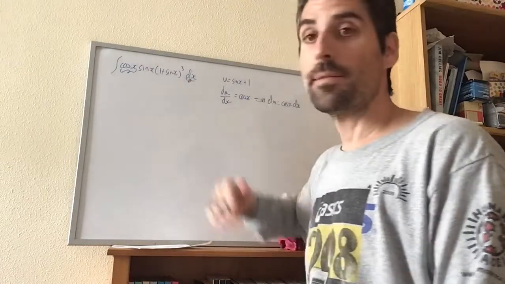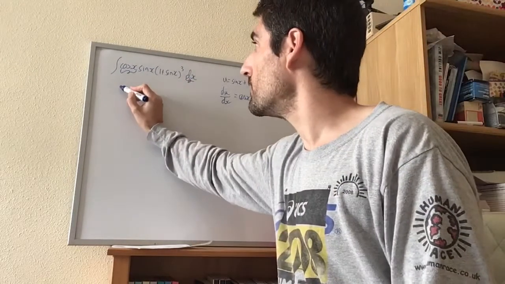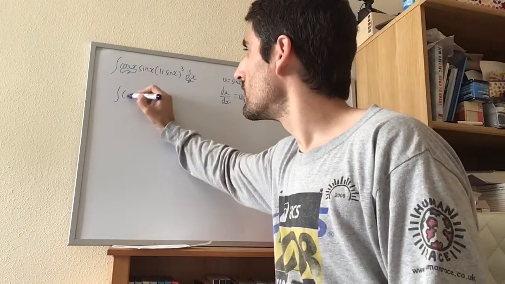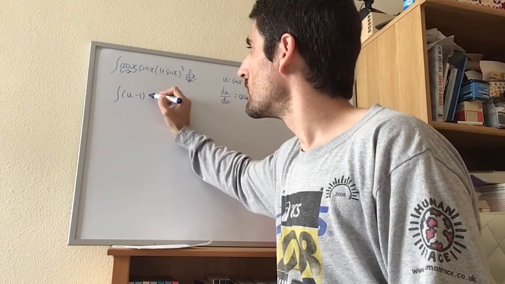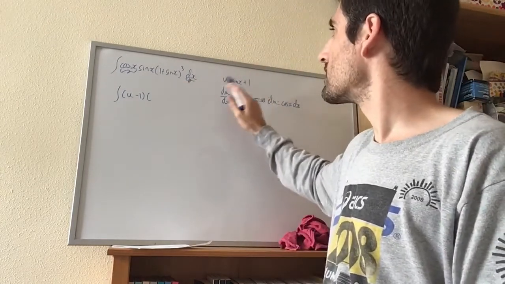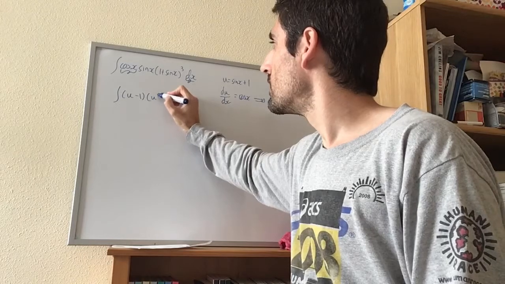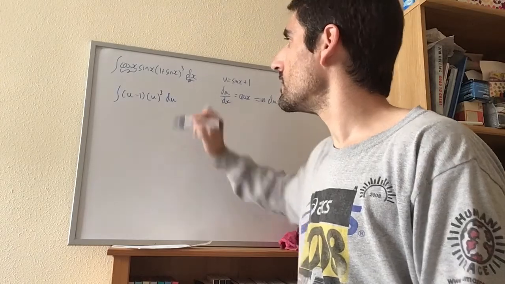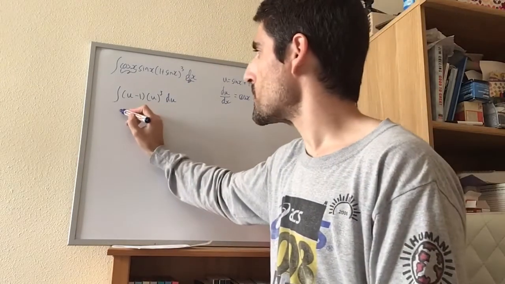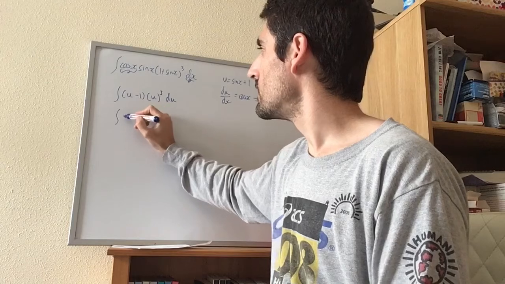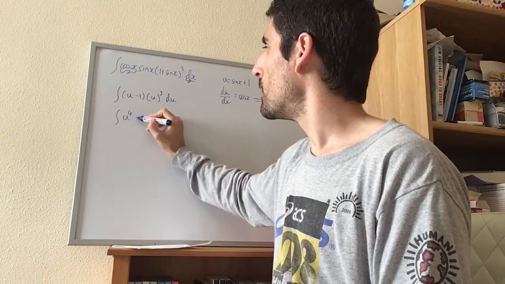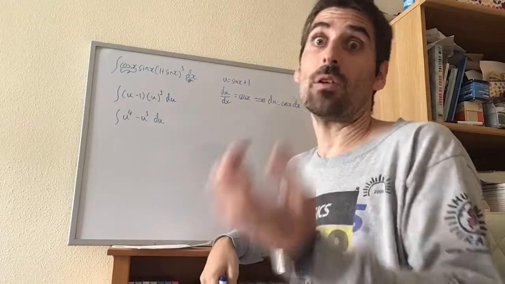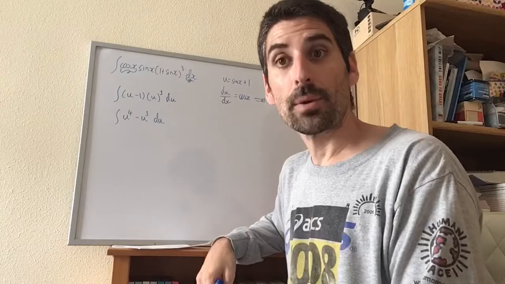If I rewrite it in terms of u, sin x is u minus 1, times 1 plus sin x is u cubed, and we said that cos x dx is just du. So this is the integral of u to the 4 minus u cubed du. This is a lot easier to integrate than the mess we had at the beginning.